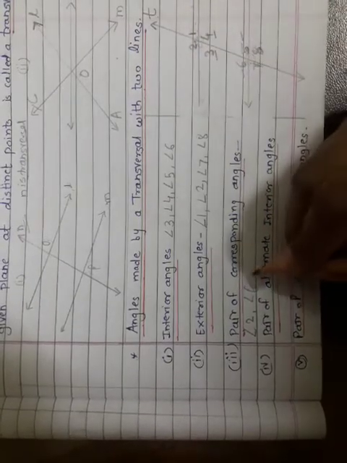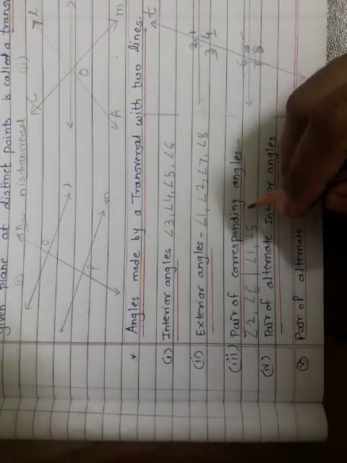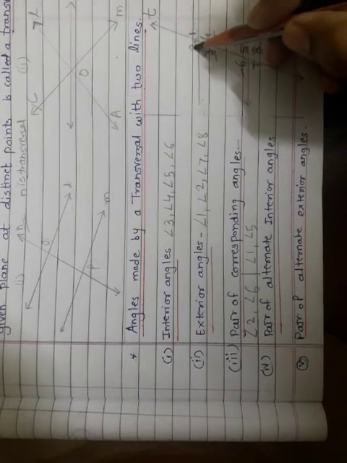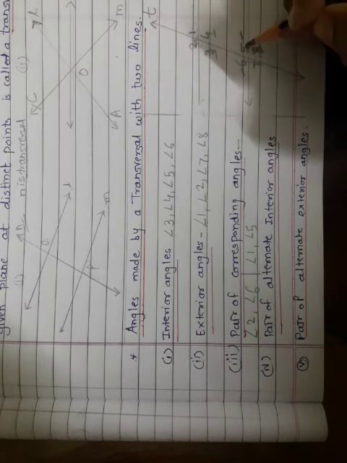Angle 2 and angle 6, angle 1 and angle 5. Which ones are the corresponding angles? Angle 2 and angle 6, angle 1 and angle 5, and angle 3 and angle 7, and angle 4 and angle 8.